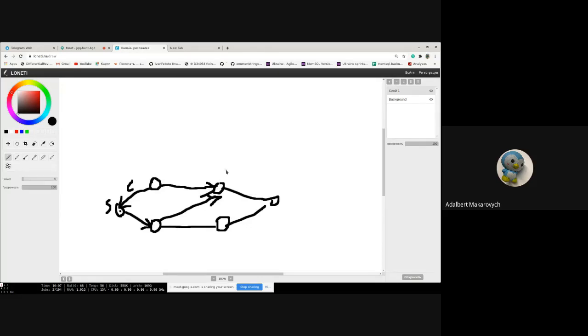And the number of paths from S to T is equal to the flow that we pass through this graph.